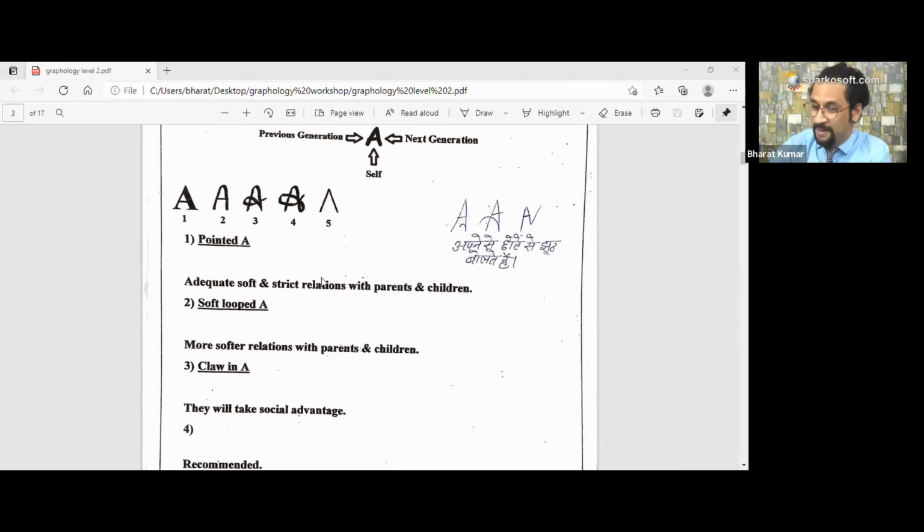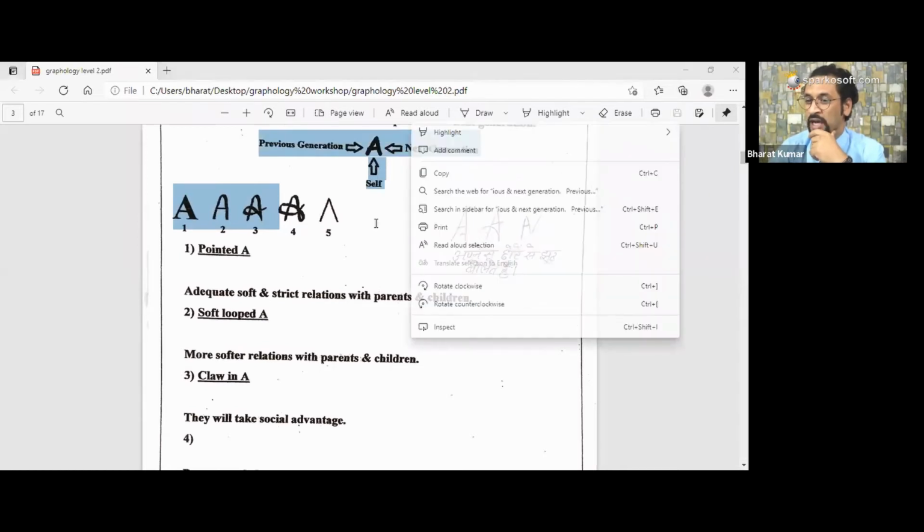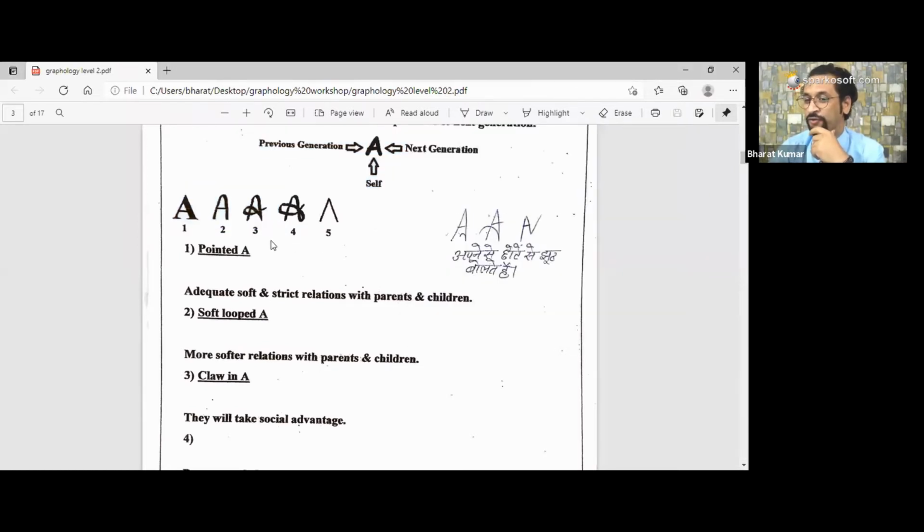That's why they are able to take advantage of society. So in the third type, that A is mentioned which I have written here. There is a hook on the right hand side. This hook tells about their possibility of looking for any kind of advantage. So they are more looking towards social advantage.